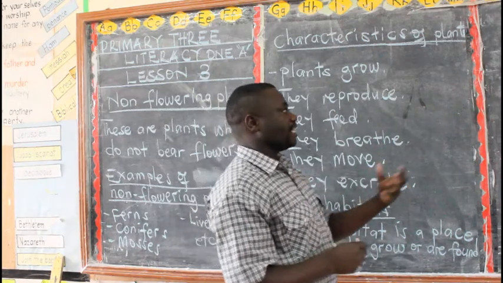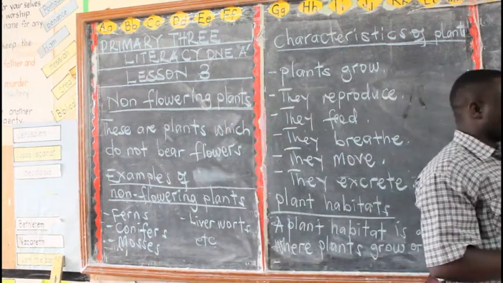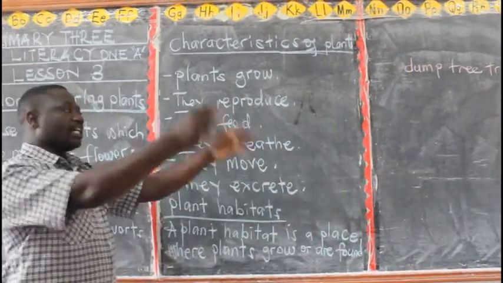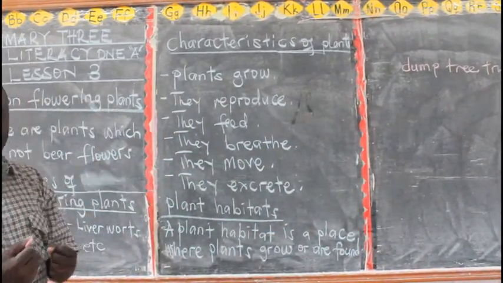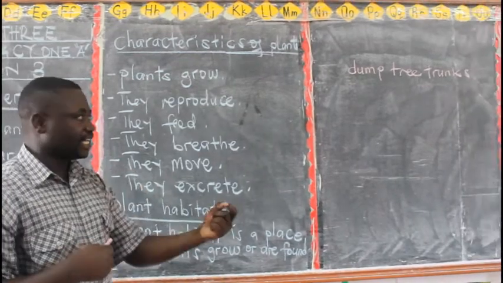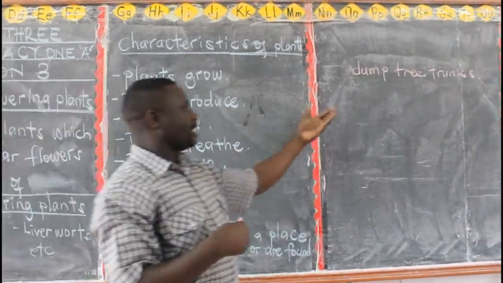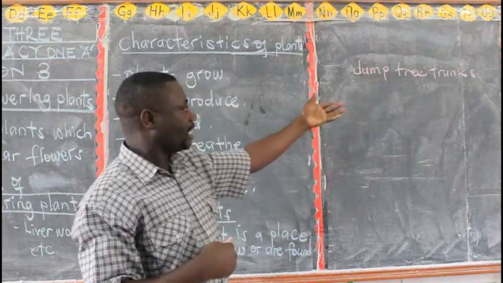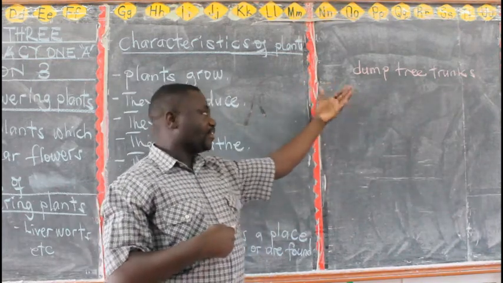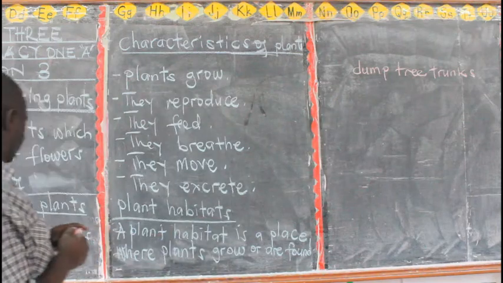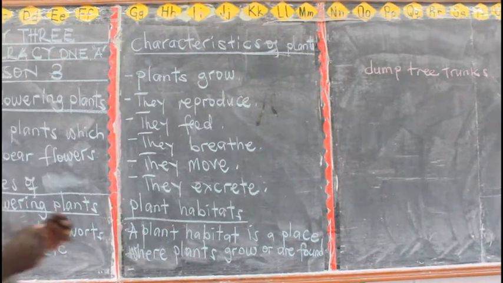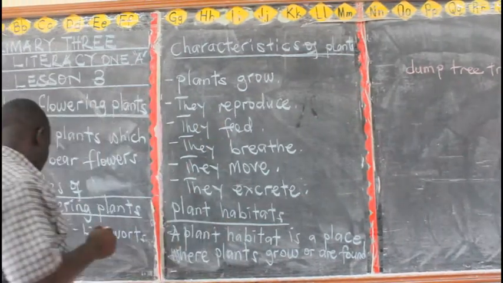I'm saying that a damp tree trunk is a trunk that was cut for some time and now it is rotting. So in such a place, you can find there mosses, you can find there liverworts, you can find there even conifers. Where else can we get that? We can also observe these non-flowering plants.